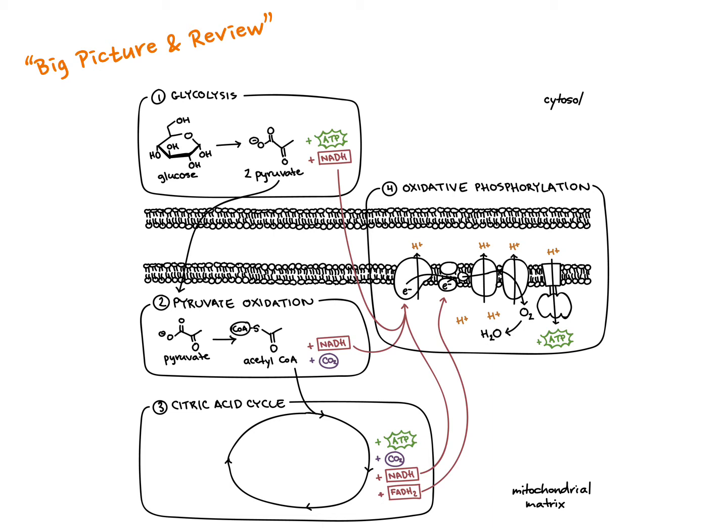While passing through this transport chain, the electrons give up their energy and are transferred to oxygen, and the energy released through this process is used to produce ATP. This electron transport chain and the later ATP synthesis are together called oxidative phosphorylation.